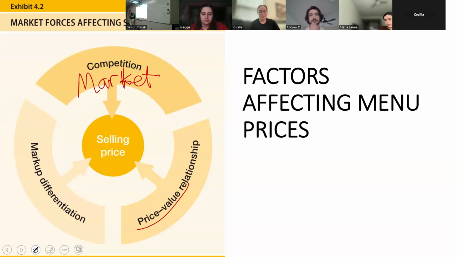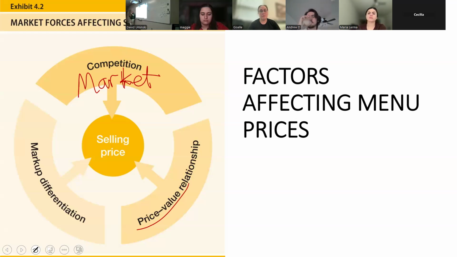Our guests' and customers' expectations, that price value relationship, we have no control over. Right. If I say I'm gonna sell my pizza for $10 and then my costs go up, so I say I'm gonna sell it for $15, we may lose some of those people that were only paying it because it was $10. Right? So that price value relationship goes both ways.